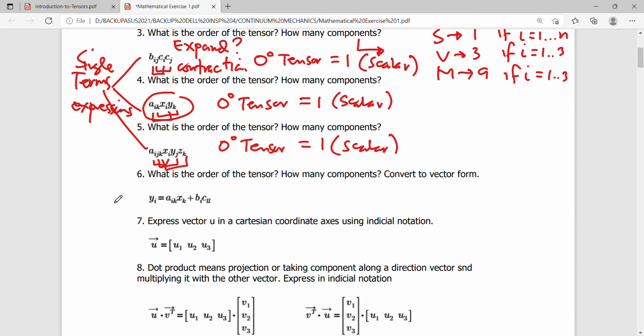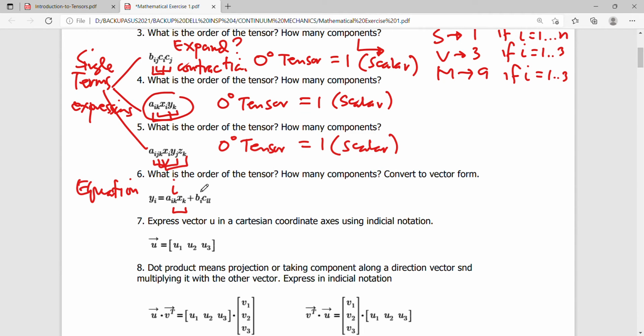But here we have an equation, and the equality of the left hand to the right hand must be satisfied. In the left hand side we have a single term, in the right hand side we have two terms, but they have to be compatible. So if we take a look at this, it will collapse, so your index will be i, and then here your l l also will collapse.